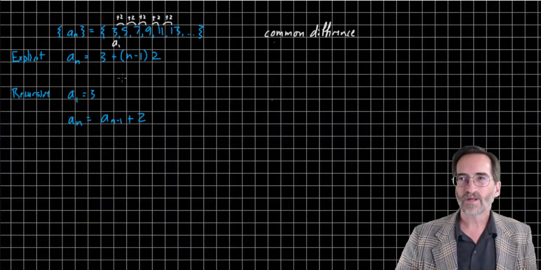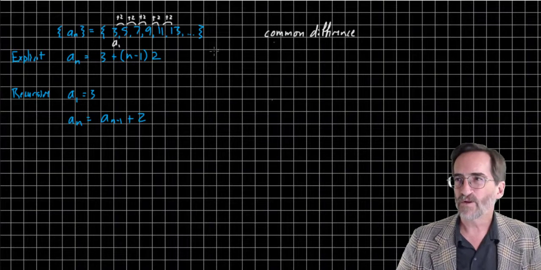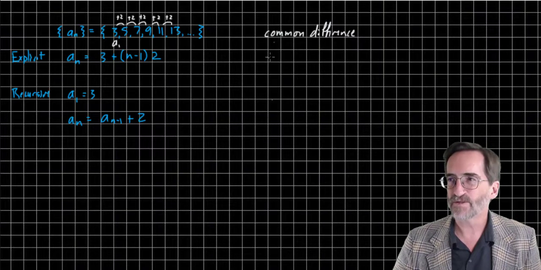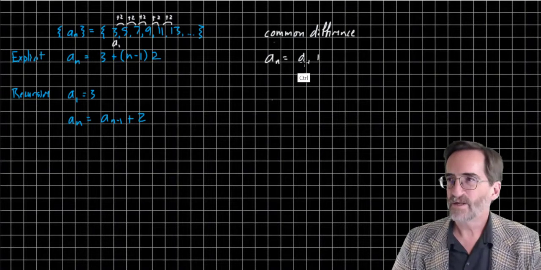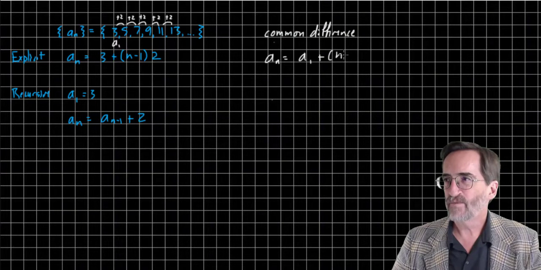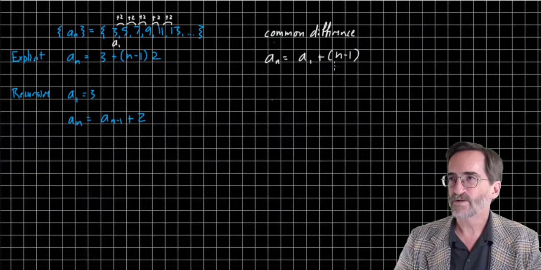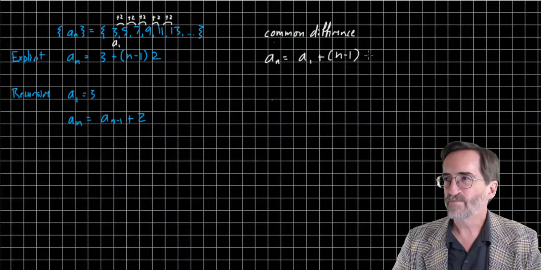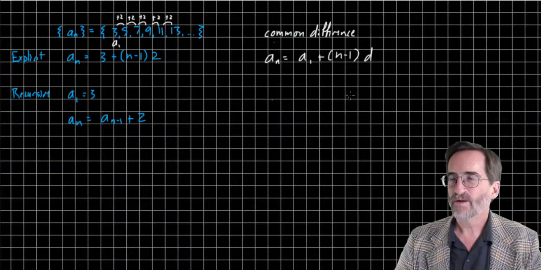And we can write the formula for an arithmetic series if we know the first value and the common difference as the explicit formula. A sub n equals A sub 1 plus n minus 1, that's the previous term, times the common difference, d, right?